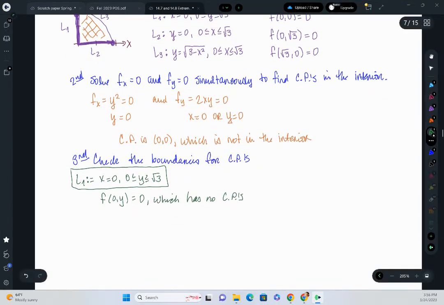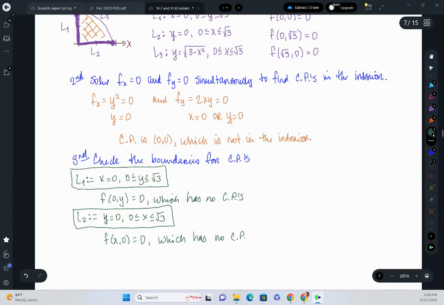Okay, L2 is going to give us similar results. L2 was defined by y equals 0, and x was going between 0 and root 3. And so here I'm looking at f of x comma 0, which gives me 0. So I can conclude that this has no critical points.